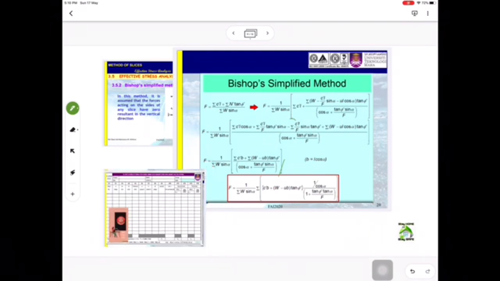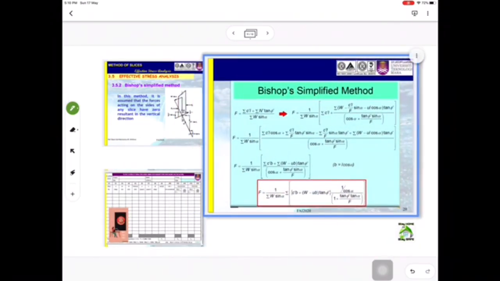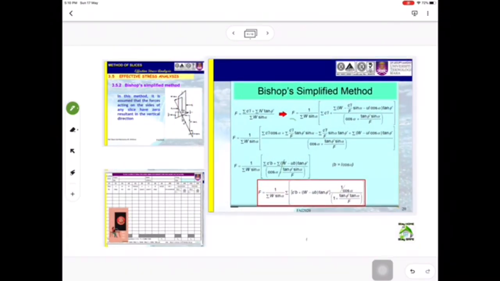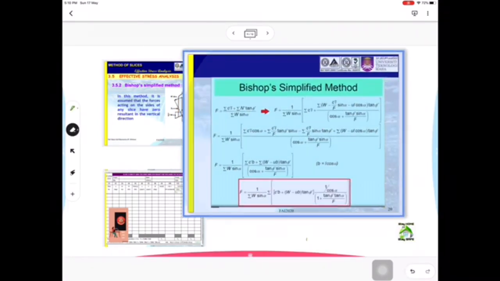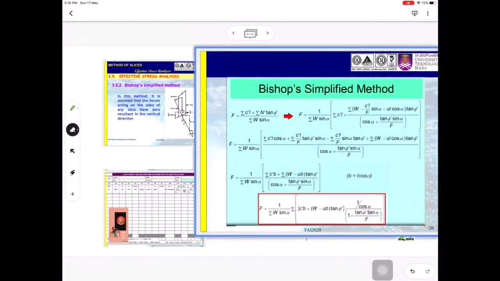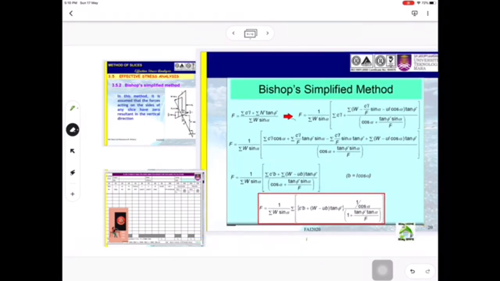As you can see here, there is F. If you have a look here, F in this formula is factor of safety.